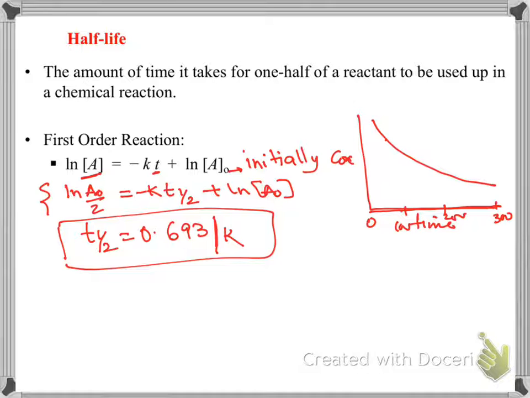Let me put some values on the molarity axis: 50, 100, 150 and 200. Let's say we started with 200 at time 0, and half of 200 is 100. The time it takes for the concentration to change from 200 to 100 is my t half. So how much? 150 seconds. You can also find it graphically.